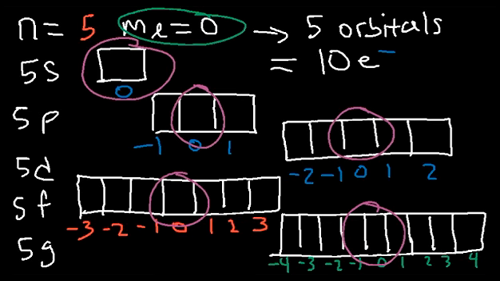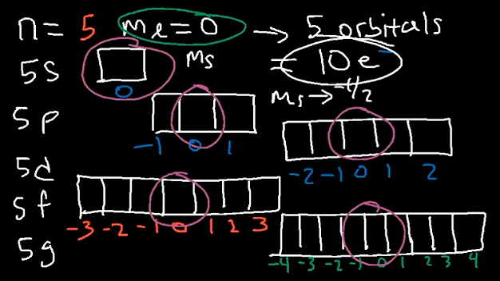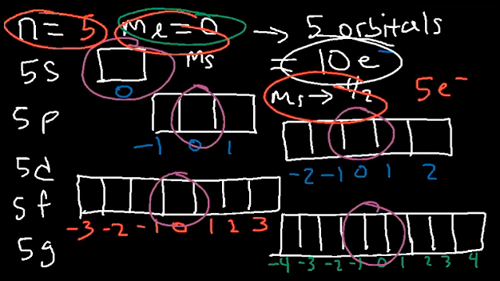Now let's say we add the spin to it. Let's say the spin is -1/2, then the answer is going to be half of what we have here. So half of the 10 electrons will have a down arrow. So the final answer is 5. That has these 3 quantum numbers, but 10 electrons have the first 2 quantum numbers.